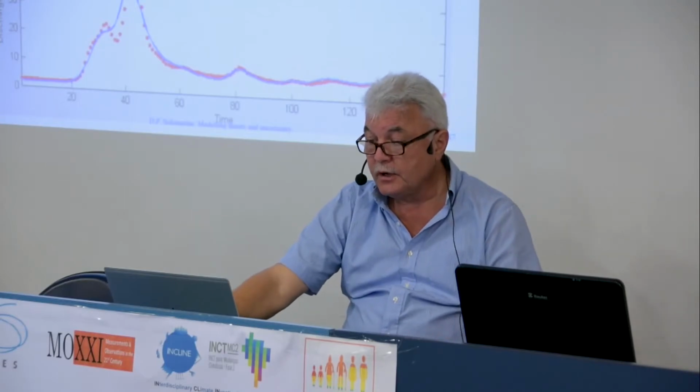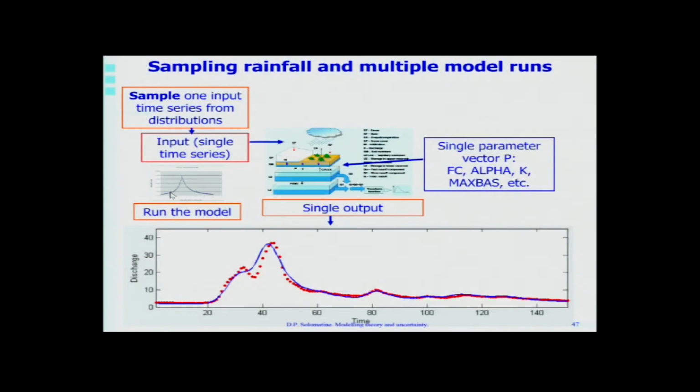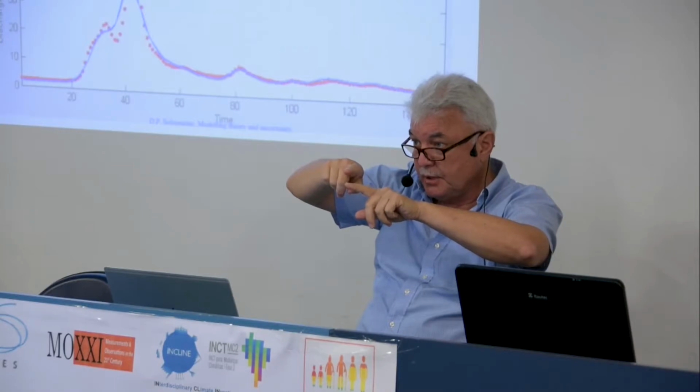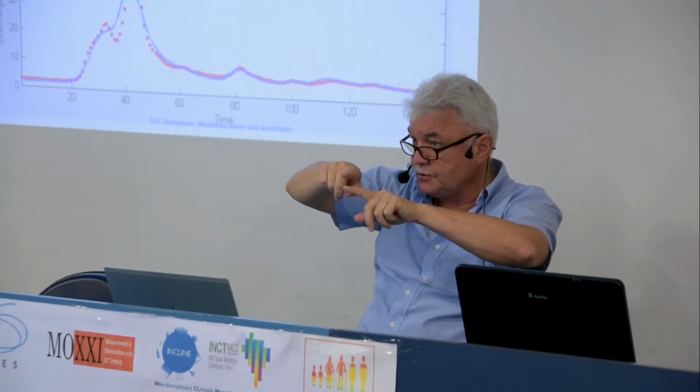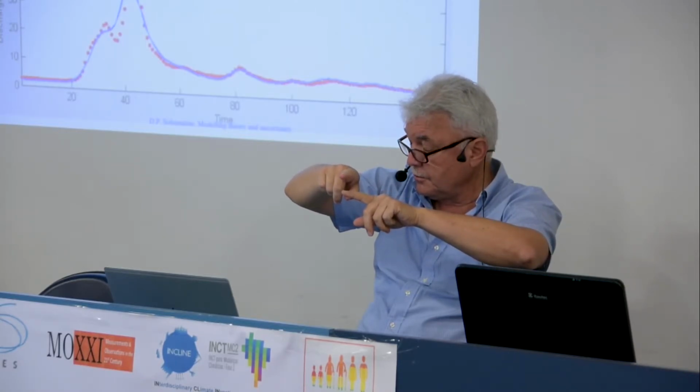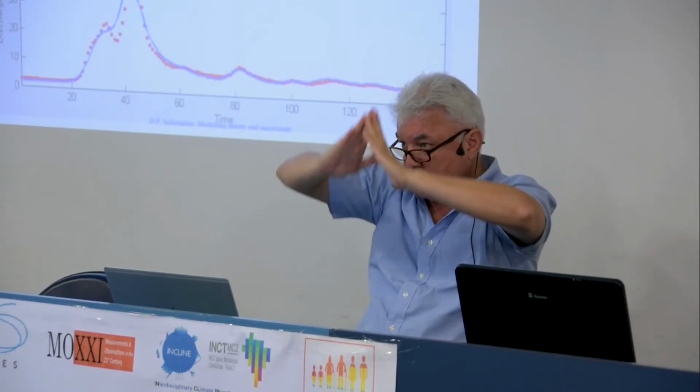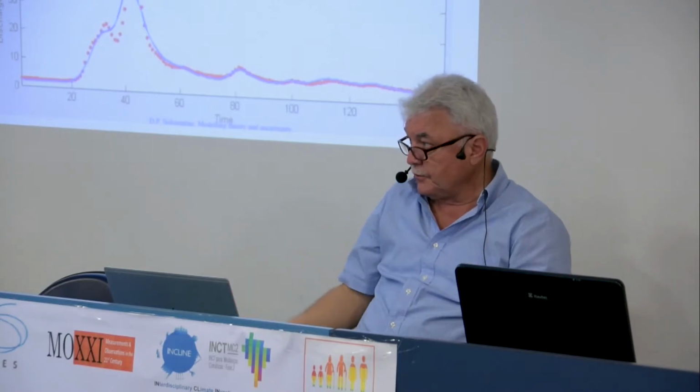For example, if you have a standard Chicago rainfall hyetograph like this, which is not physical, but okay, many people use it, you simply would not sample every value, otherwise you will have this strange noise, which is not natural. You would sample simply a multiplier from a uniform distribution or normal distribution, which would move the whole hyetograph up or down. So it's one way of doing things.